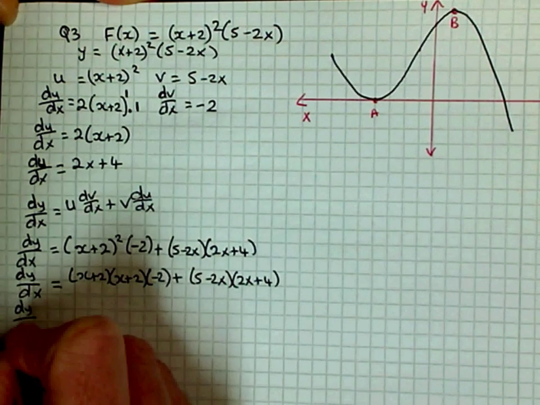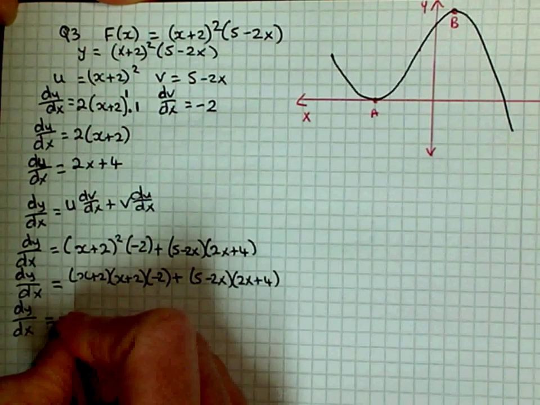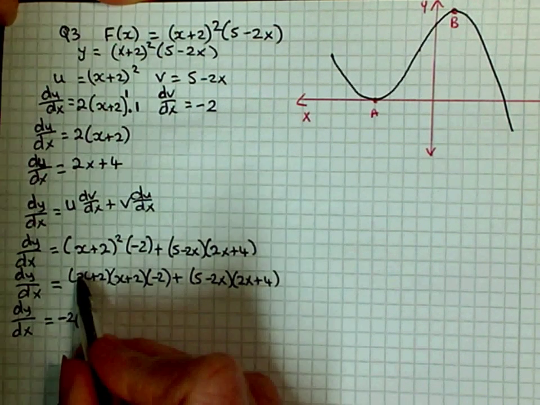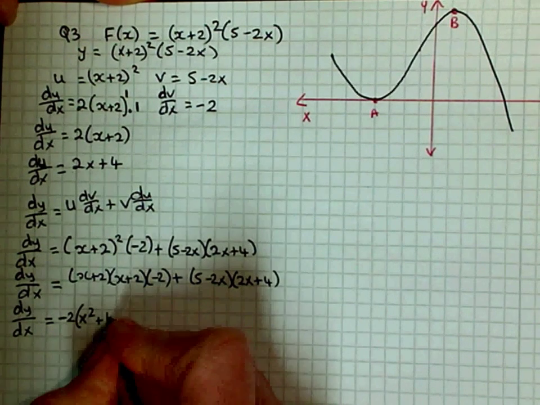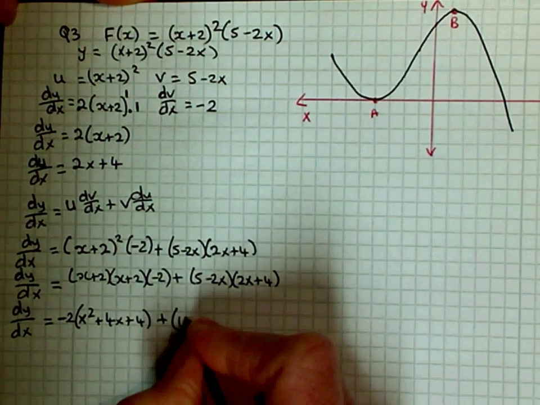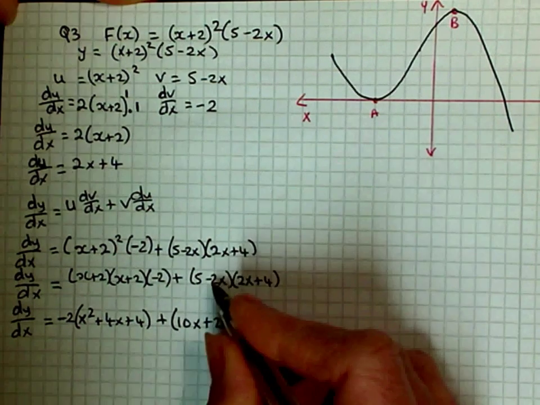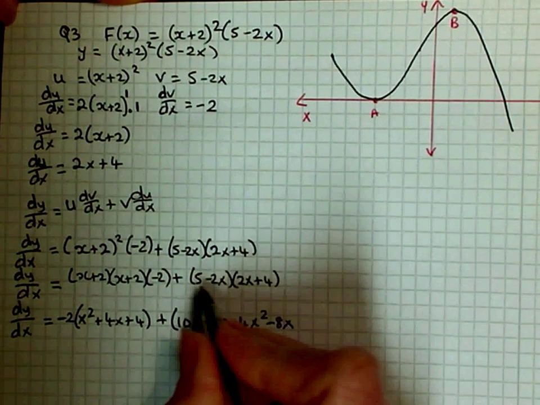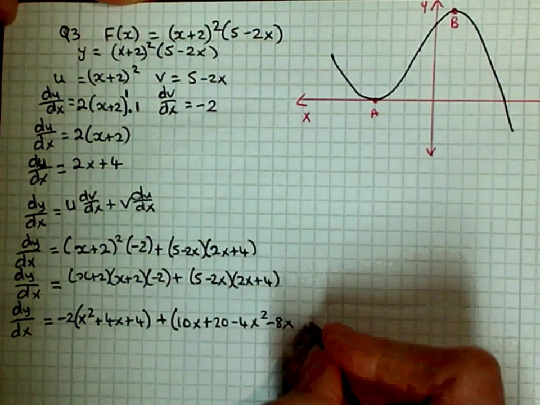So dy dx equals, leave the minus 2 to the very end, so minus 2 into, you're left with x squared plus 2x plus 2x, which is plus 4x plus 4, plus 10x plus 20 minus 4x squared minus 8x.